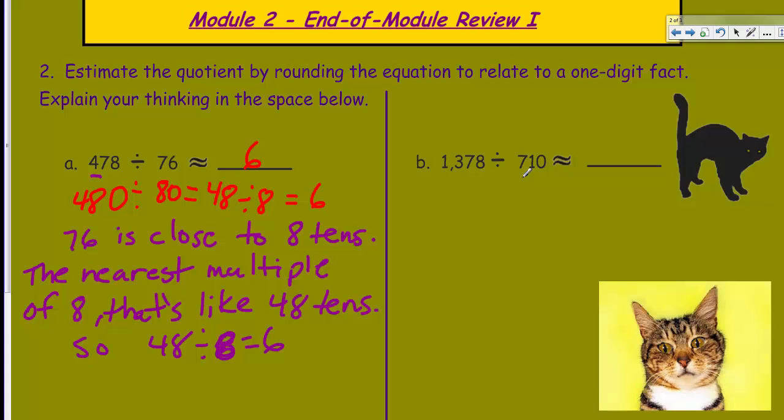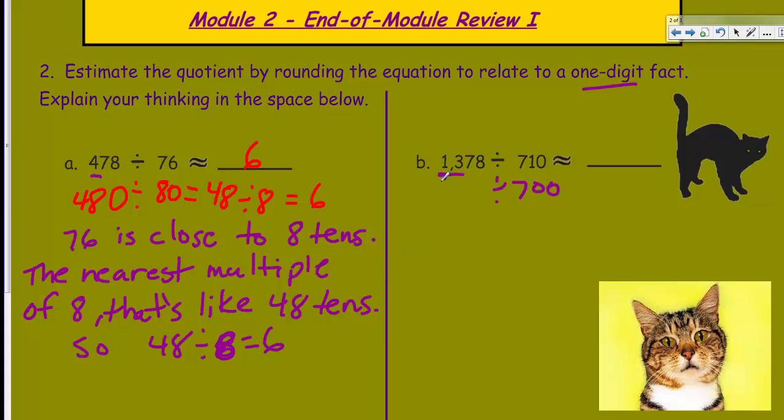With a number this large, we're going to round it again to try to get that simple, what they call that one-digit fact. I'm just looking at that. It just has to be 700 because that's so close to 700. And now it's a matter of finding that one-digit fact. We're not looking at just the one. We're going to be looking at the first 2 digits.